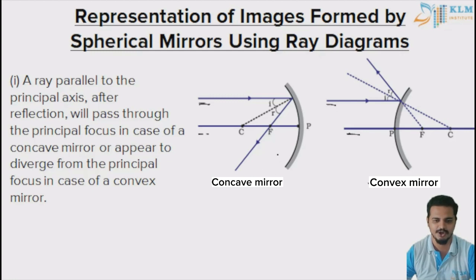You can see the reflected ray is passing through the principal focus, or appears to diverge from the principal focus in the case of a convex mirror.